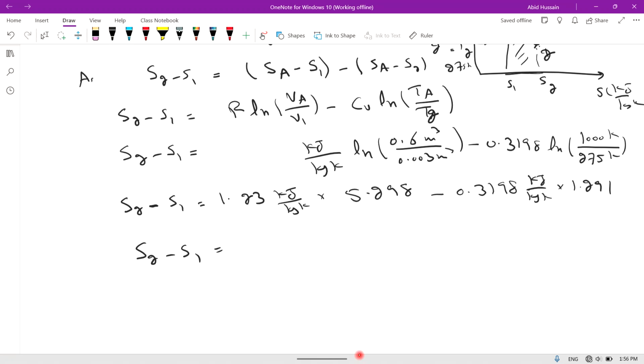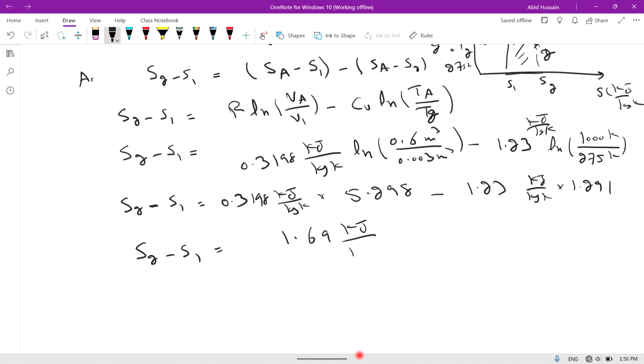So R is equal to 0.3198 and CV is equal to 1.23 kilojoule per kilogram per Kelvin. Now if we simplify these values, S2 minus S1 will be 1.69 kilojoule per kilogram per Kelvin minus 1.23 multiplied by 1.291.